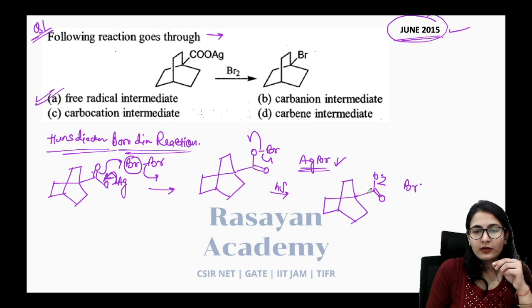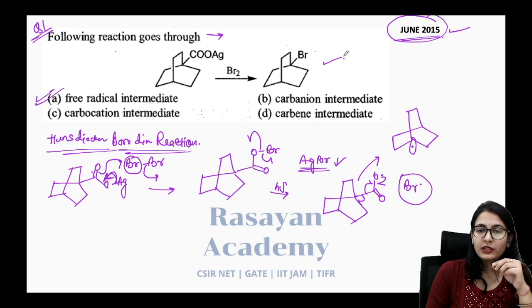First of all, the carboxylate radical is going to break into a 3-degree radical. Yes, you are having a radical on the bridgehead position, right? And to this bridgehead radical, your Br is going to react, and it is going to finally give you this molecule. Okay, so it is not impossible to generate a radical on the bridgehead position.